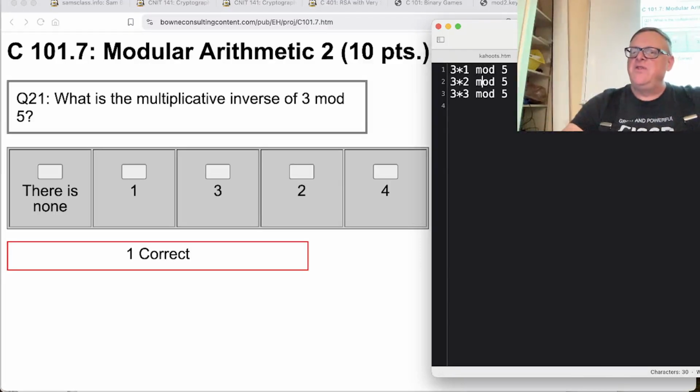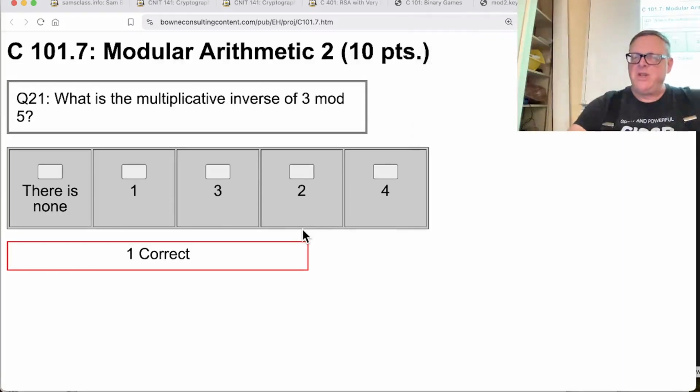And when you find one that gives you a 1, you found the multiplicative inverse. I guess the mod 5, there's going to be 3 times 4. And in principle, you could worry about this one, although that's obviously not going to be 1. So which one of these gives you 1? 2. 3 times 2 mod 5 is 1, so there is a multiplicative inverse, and it's 2.